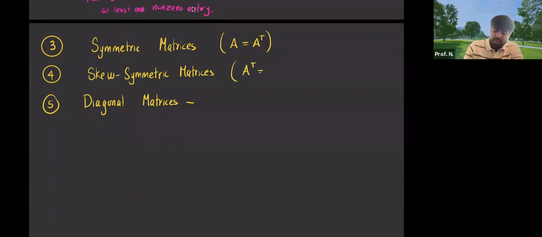Skew symmetric is when the transpose is equal to negative A. And as you can tell, negative A does not equal A, so they're not the same. Skew symmetric and symmetric only apply to square matrices.